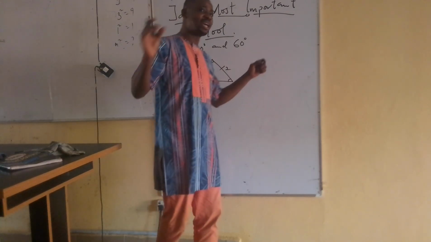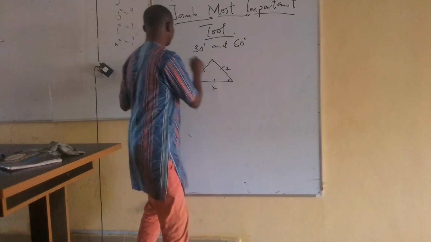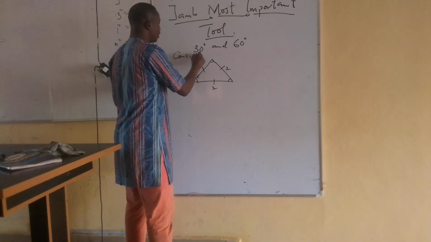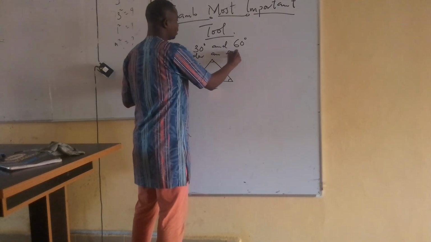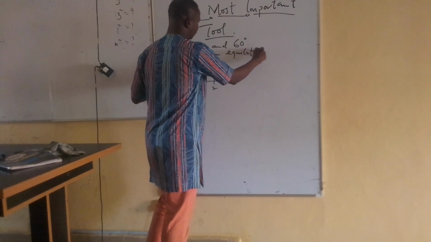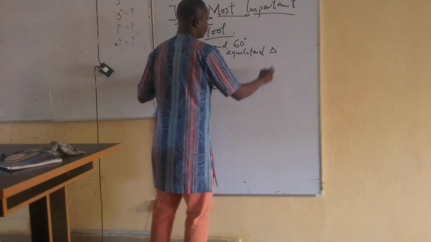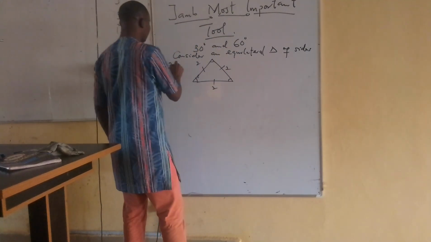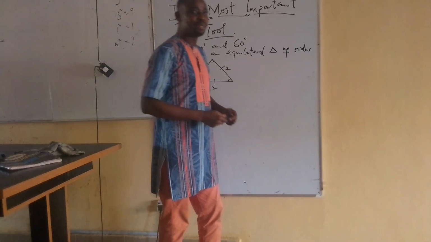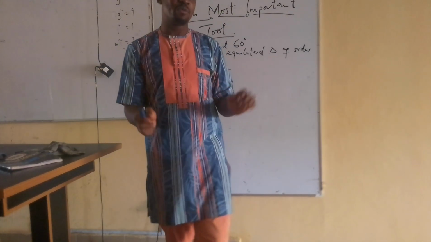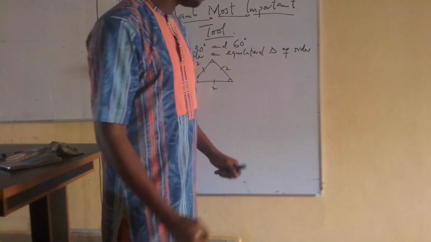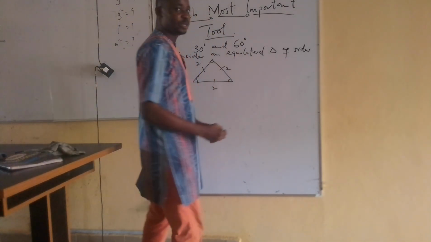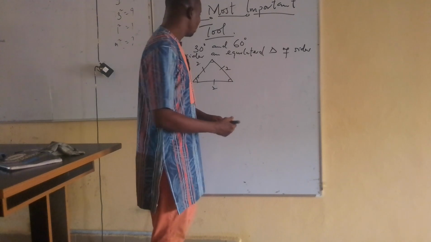So we're going to consider sides of 2. I'm going to write, consider an equilateral triangle of sides 2 centimeters. When I say 2 centimeters, it means all the sides, because equilateral means all sides are equal, and I don't need to measure the angles. All the angles are also equal.